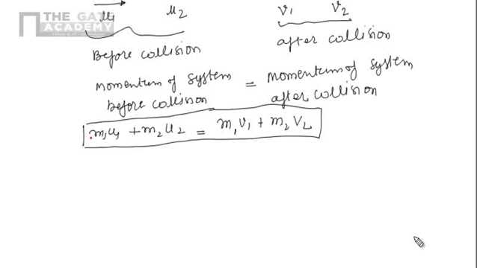In place of force, we say torque, and in place of linear momentum, we say angular momentum. So the law of conservation of angular momentum defines that if the net torque acting on a system is zero, then the angular momentum of the system will remain conserved.